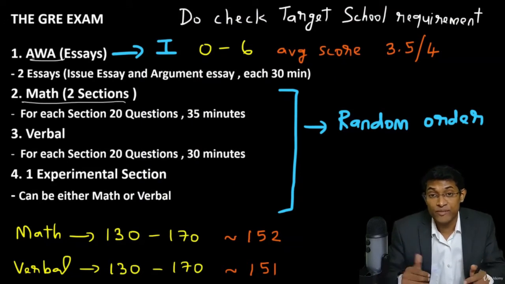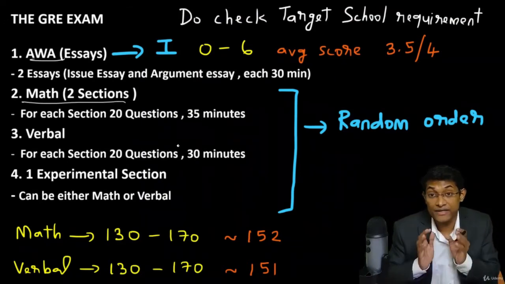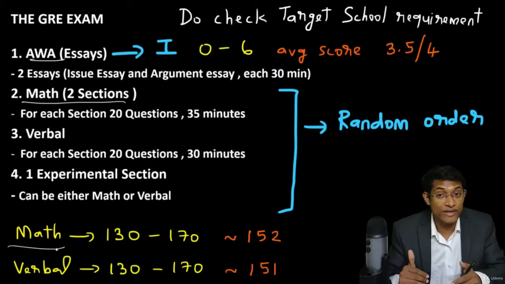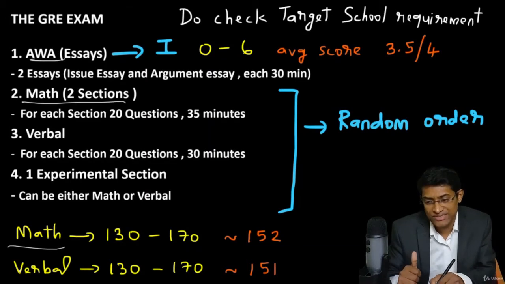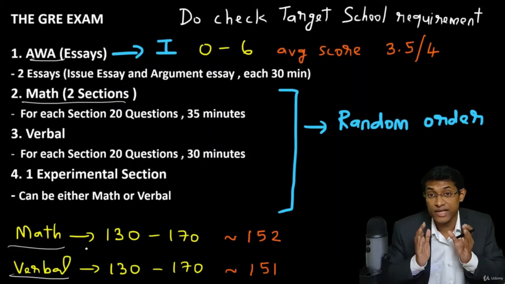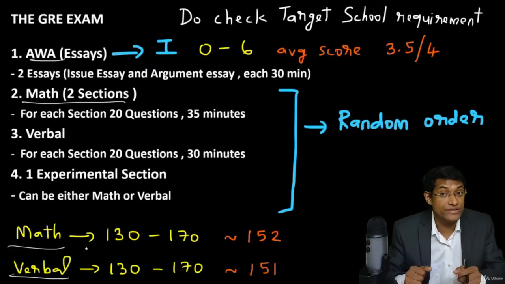Because for example, if you are applying for engineering programs, they might need a higher score on the math section. Alright, and for example, if you are applying to English literature, the verbal section might be more important. So do remember to check out the target school's website and they will mention what their cutoff criteria are.